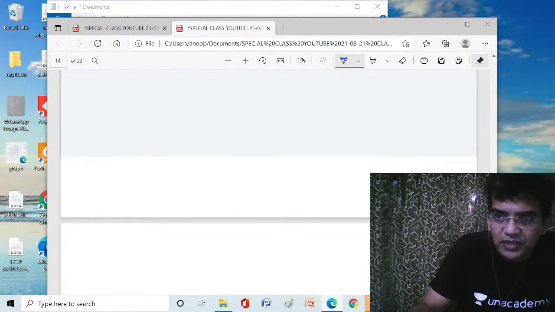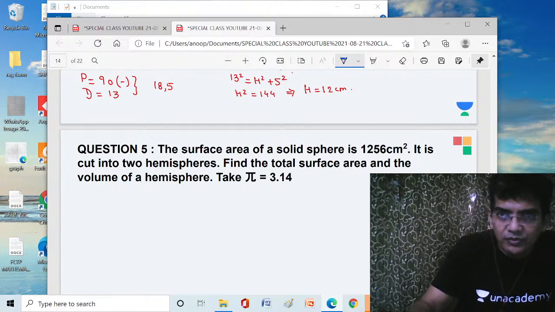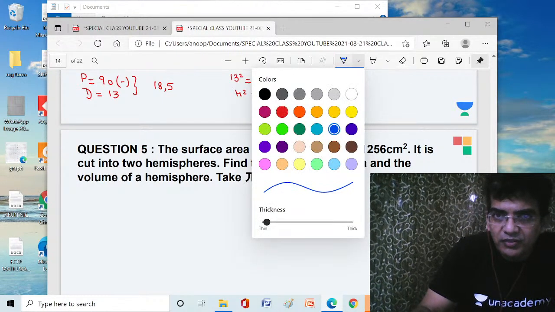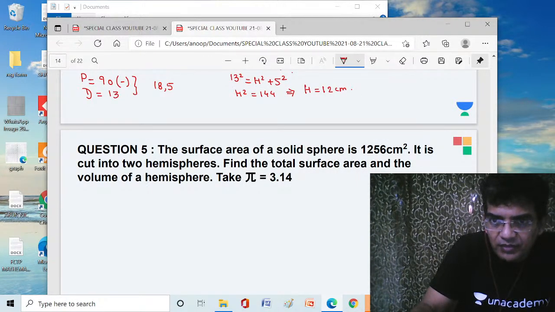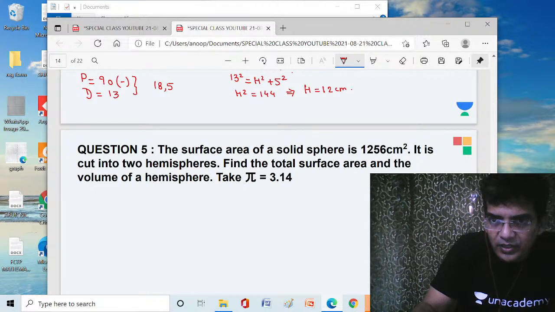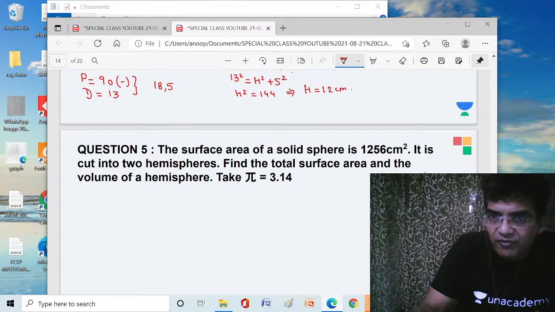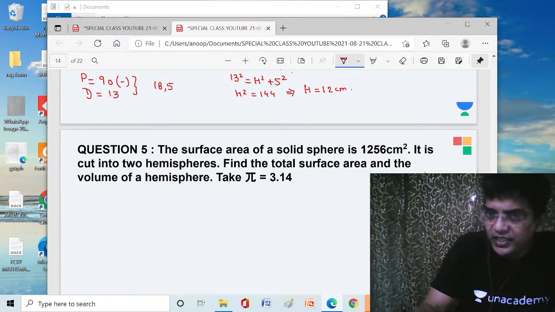Now it comes the sphere. Before starting with the sphere, I would like to share with you the formula that we will be using for sphere. If it's a sphere, meaning a solid sphere, whenever a sphere is solid, it is called a sphere, and when it is hollow, then it is called a shell.